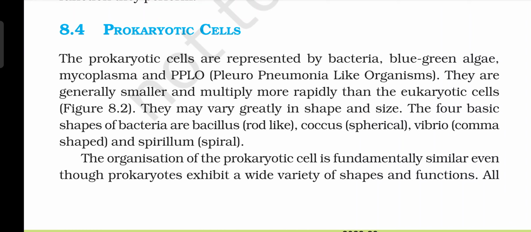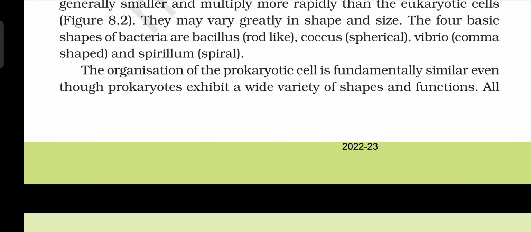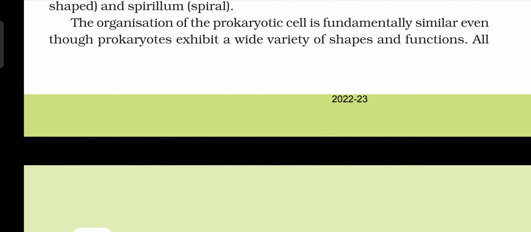The four basic shapes of bacteria are bacillus, rod-like; coccus, spherical; vibrio, comma-shaped; and spirillum, spiral. The organization of the prokaryotic cells is fundamentally similar, even though prokaryotes exhibit a wide variety of shapes and functions.